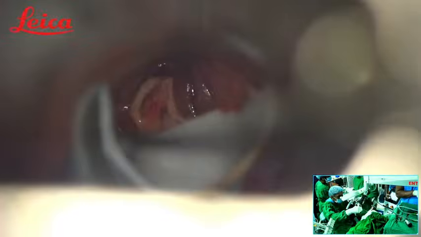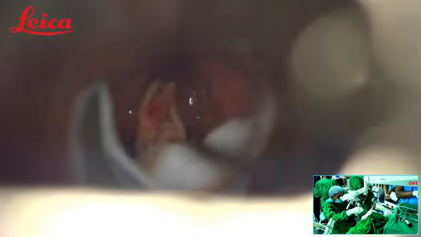So there is a blood, as Akshay said, you remove the blood clots or blood stains, so that will hinder the laser procedure. So always whenever you are doing laser surgeries, remove the blood clots or blood stains on the lesion or on the normal tissue.